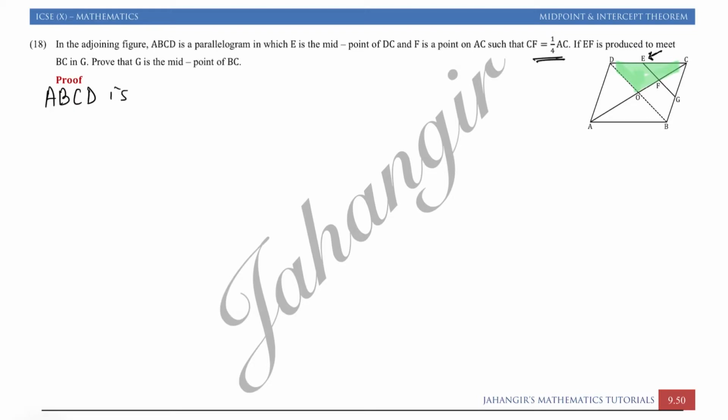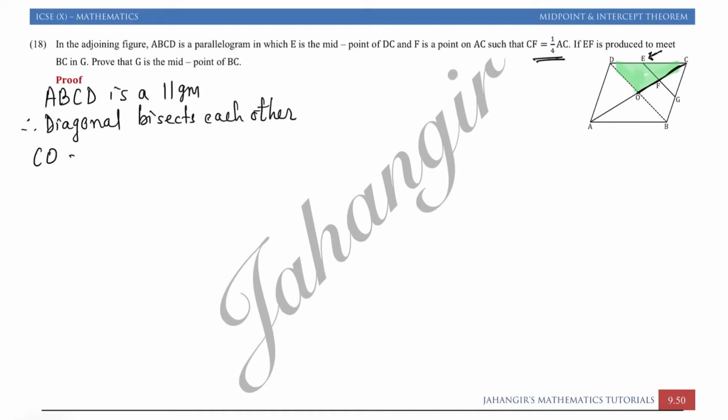ABCD is a parallelogram, so therefore diagonals bisect each other. So now CO, if diagonals are bisecting each other, we can say this side CO is equal to half of AC.